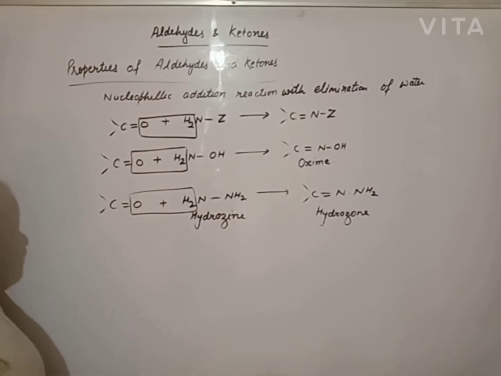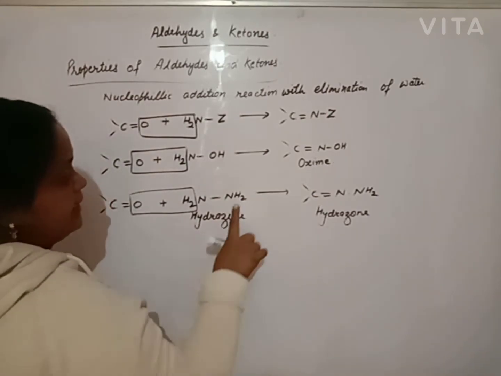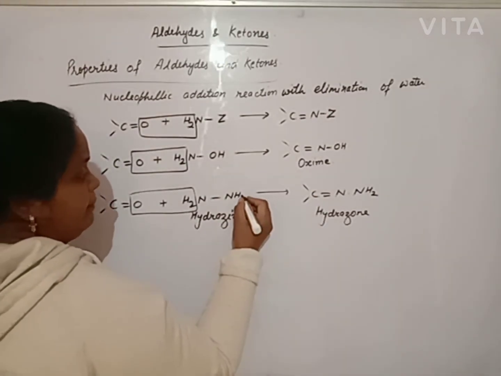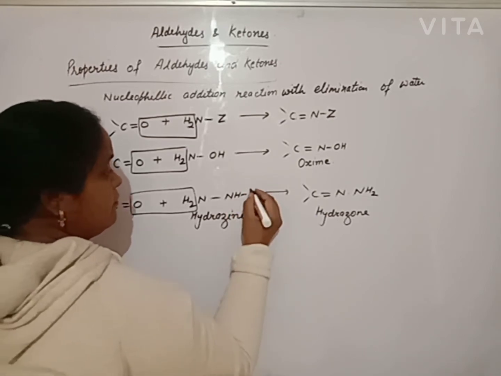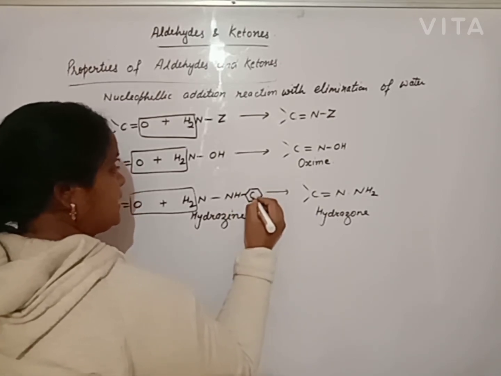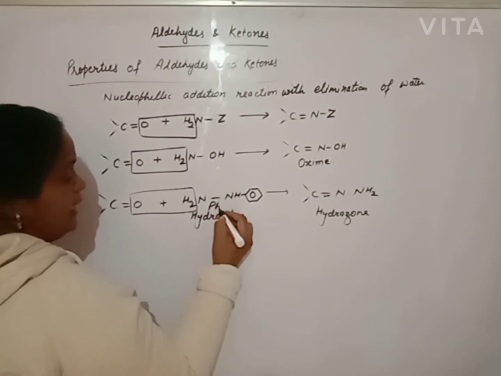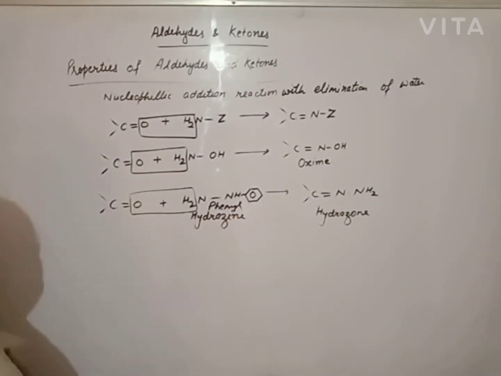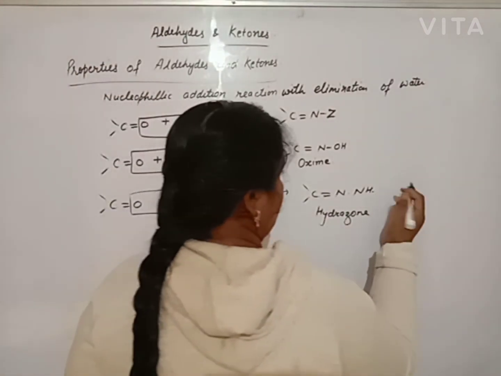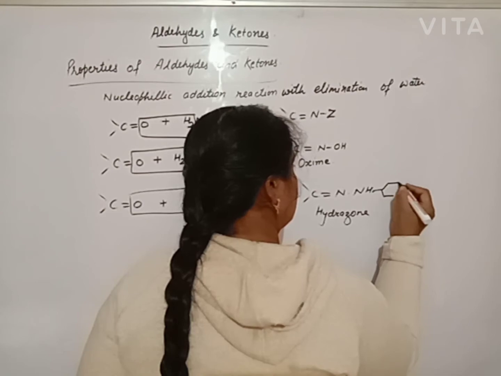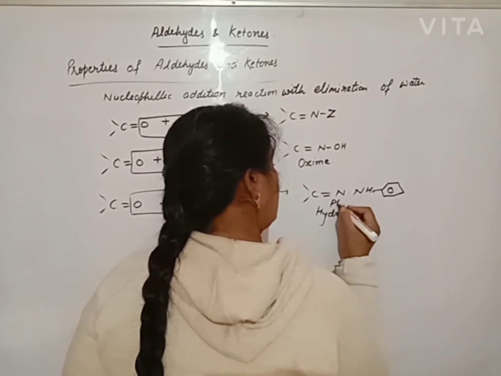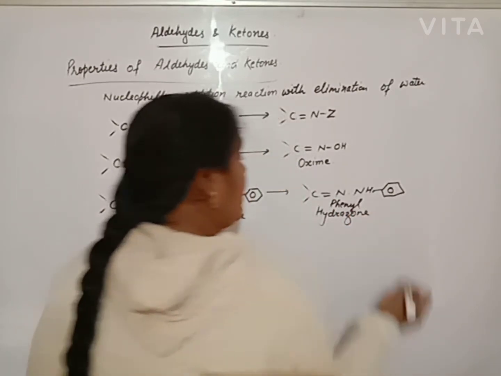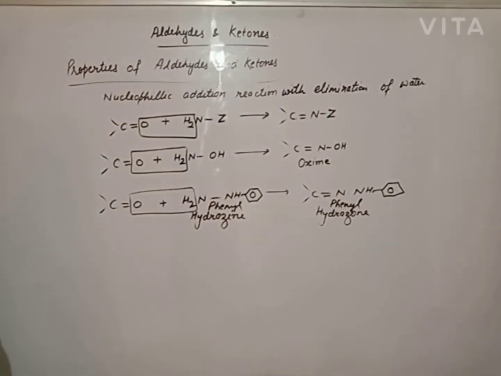Clear? From this hydrazine, when one H is replaced by benzene, it is known as phenyl hydrazine. When it reacts with either aldehyde or ketone, it will give phenyl hydrazone. That is another reaction.